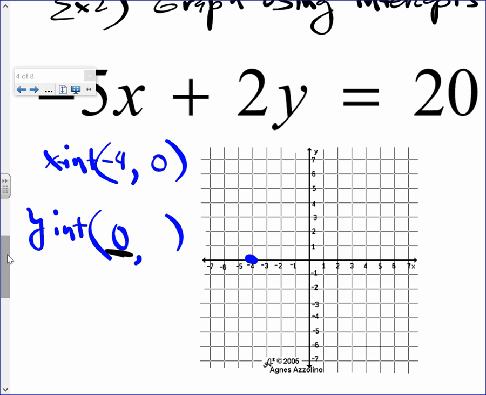There's my y-intercept, (0, 10). Kind of off my graph paper here, 7, 8, 9, 10 is right up here. We plot those 2 points, draw a line through them, we graph the linear function, ladies and gentlemen.